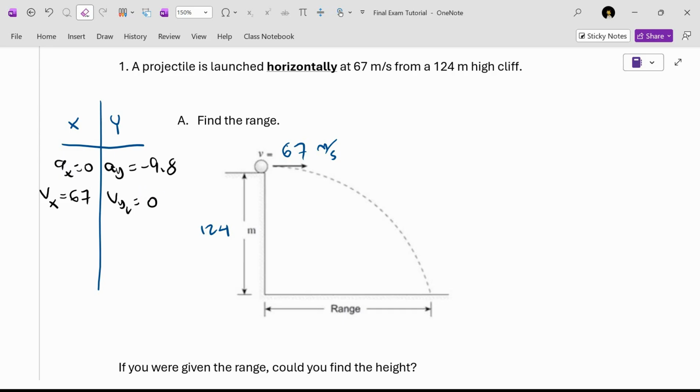What are we going to spend most of our time trying to find? Time. So they gave me one more piece of information. They gave me this, 124. Is that a vertical value or a horizontal value? Be stupid obvious. Vertical, so it's going to go here. dy is going to be, why is it not 124? Why is that incorrect?